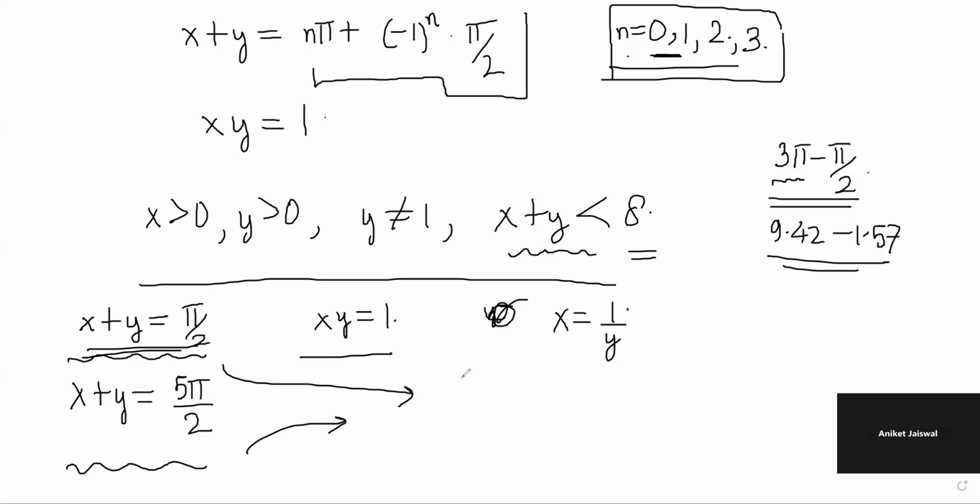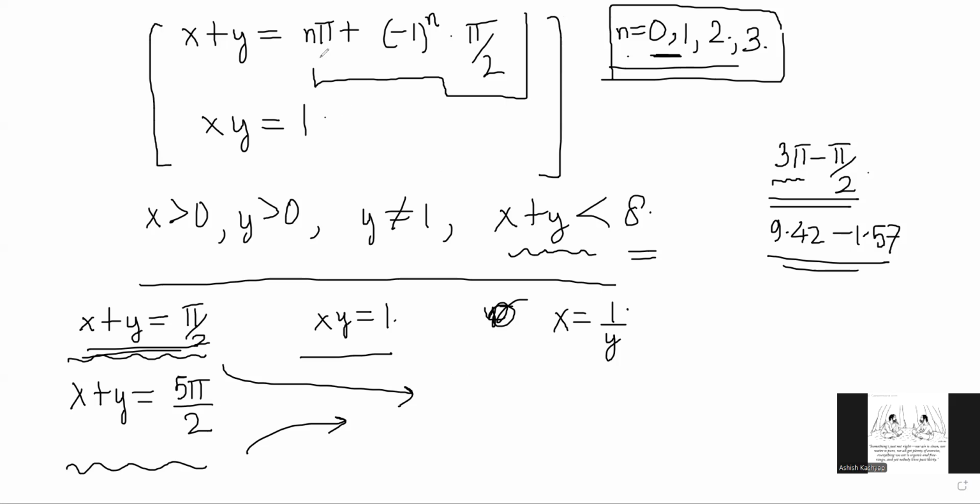Do you understand what are the things you have to be careful about? If you miss any of the steps, you will not get a restriction on n, or if you miss anything, then you will miss some roots.